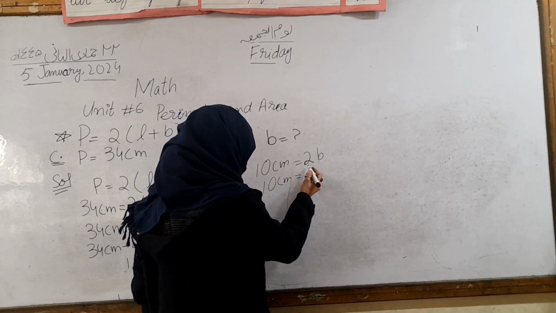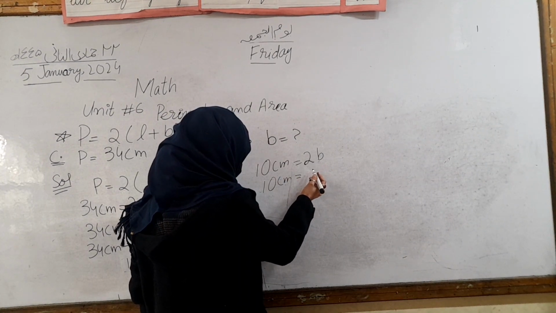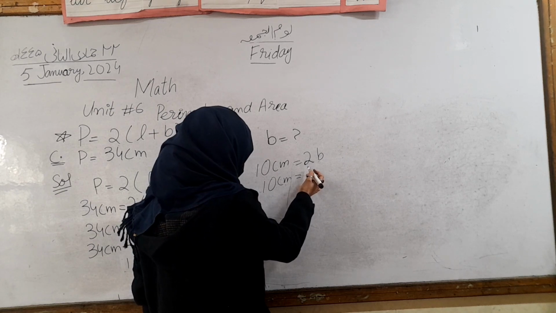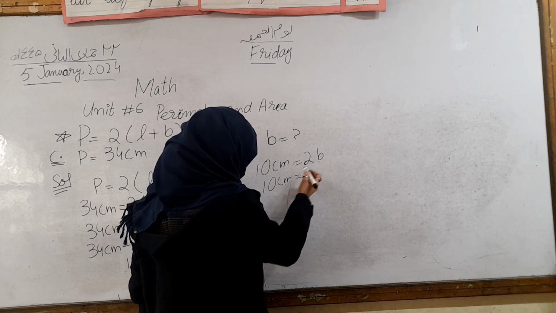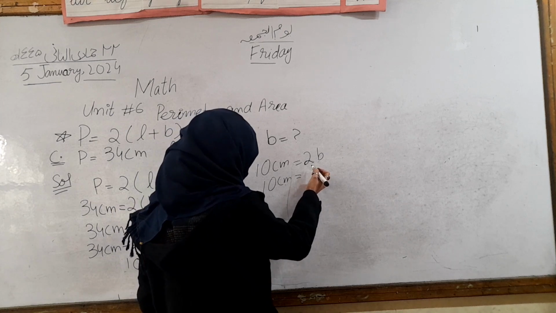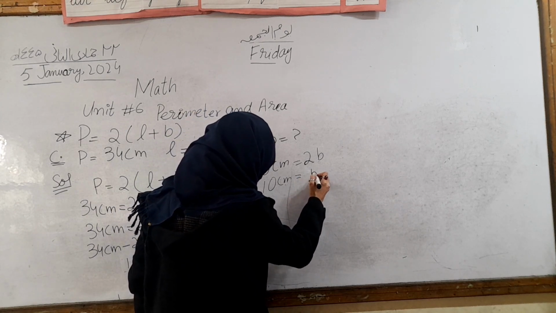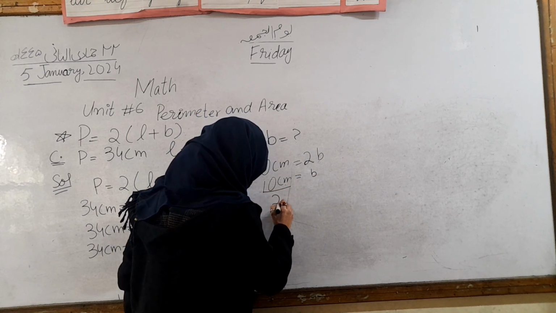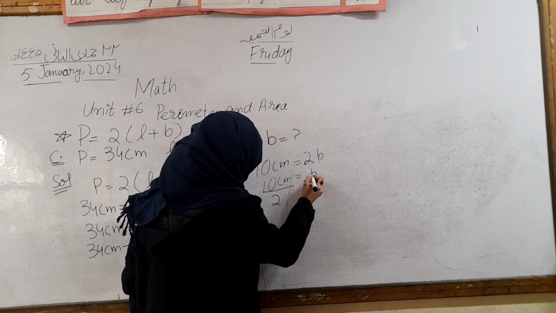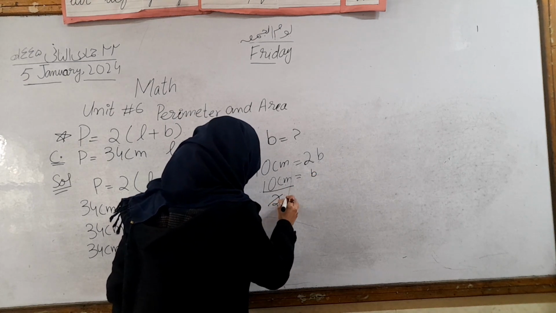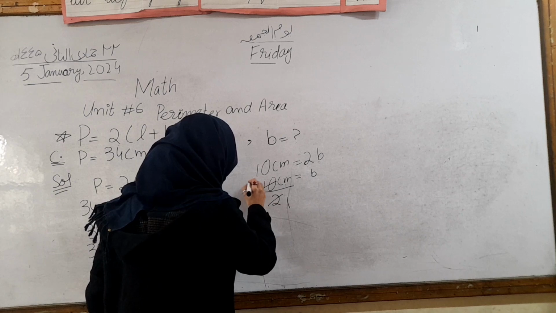as you know, when two terms are multiplied together and we have to separate them, then we divide by one of them on the other side. Okay, now divide. 2 ones are 2, 2 5s are 10.